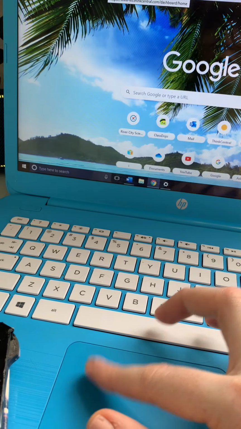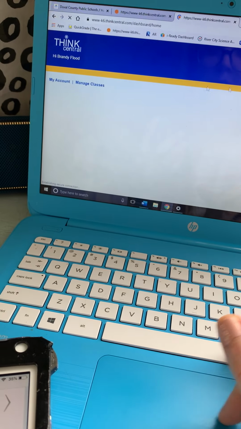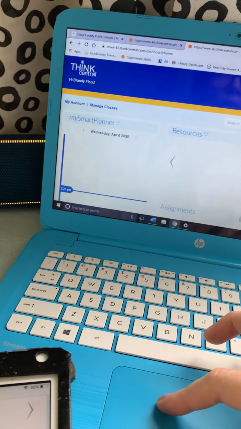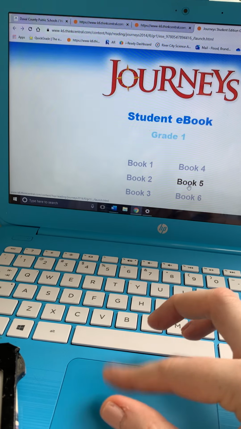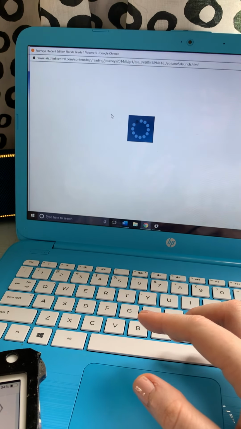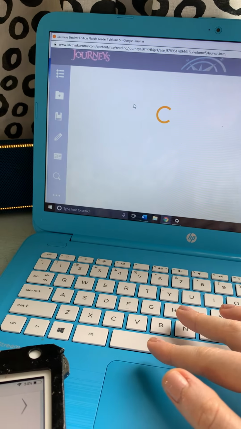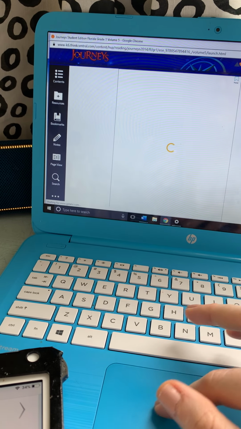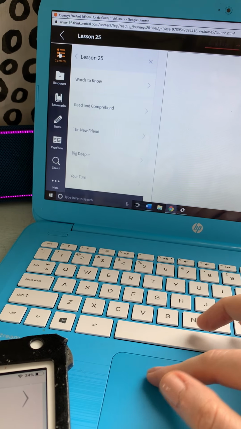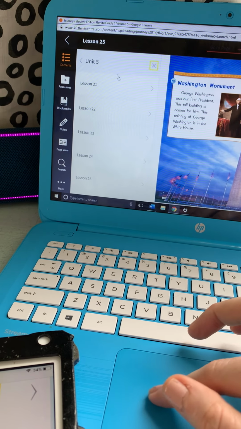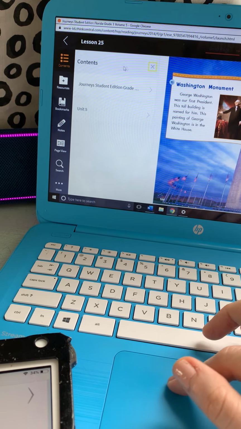If you want to review for this, you can go on Think Central and go through Book 5 and reread, and you can go over sight words and spelling words again. If you want to study, that is my suggestion.